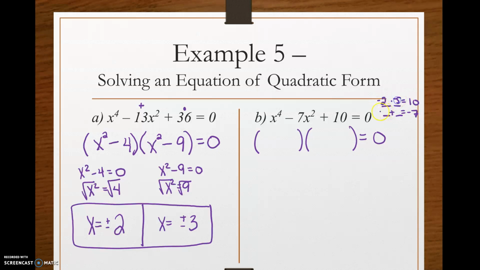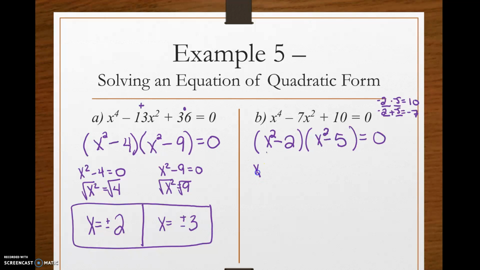So -2 and -5 fit that pattern. So if I just write x minus 2 and x minus 5, that's not quite right because x times x would give me x squared, not x to the 4th. So I need it to be x squared minus 2 and x squared minus 5.